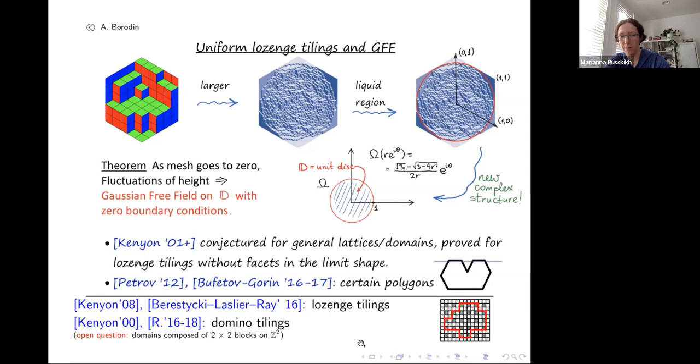However, if you think about the most natural types of approximations on the square lattice, let us think about discrete domains which are composed of 2x2 blocks. First of all, clearly such domains have some domino tilings. They have many domino tilings, and also in this case, the height function on the boundary is 0.